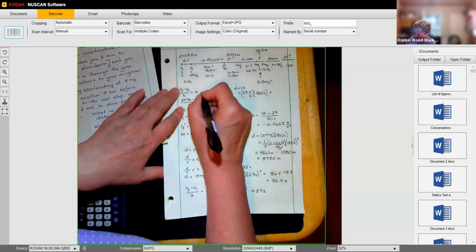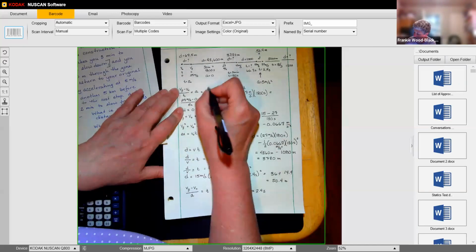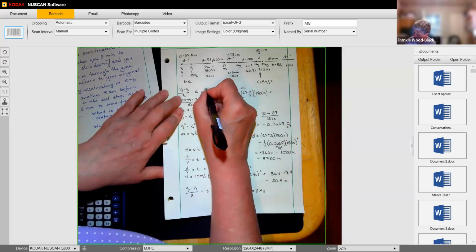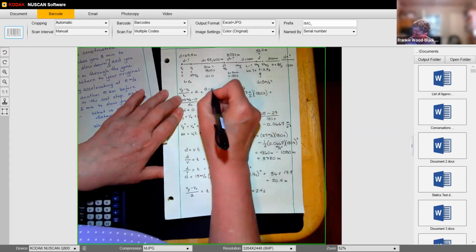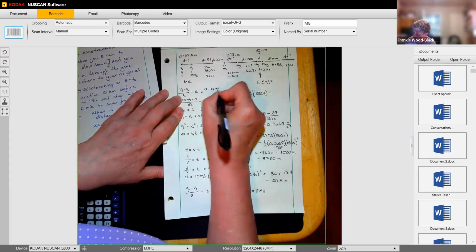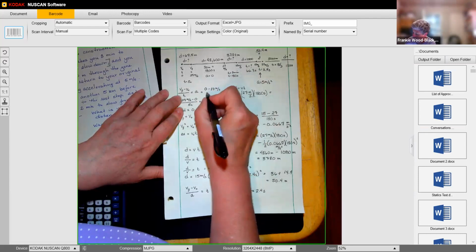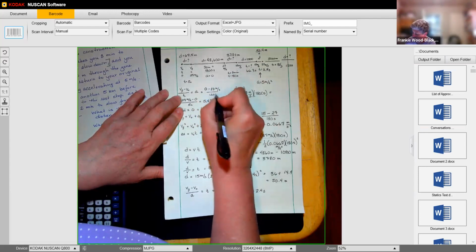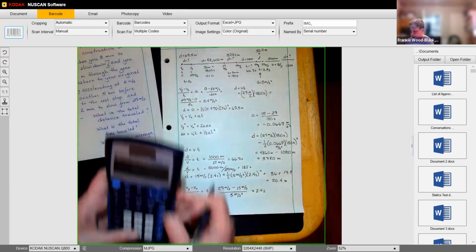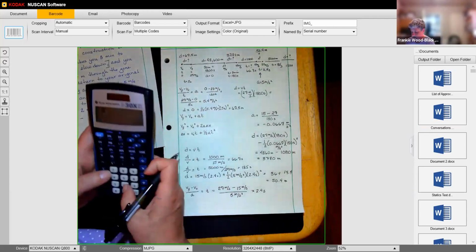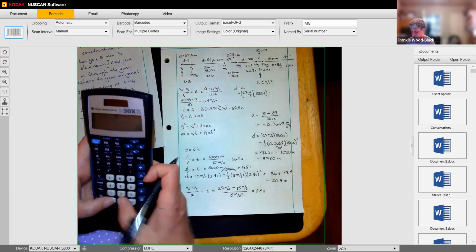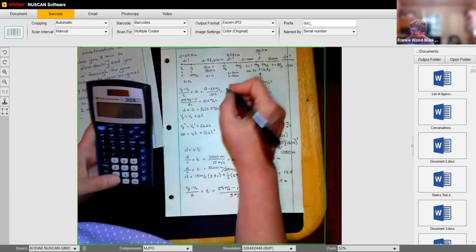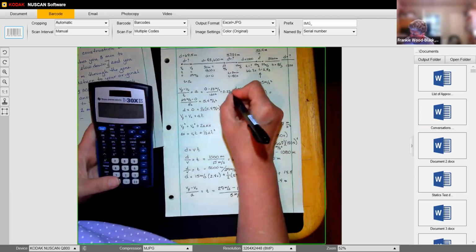So I can put this one in here. And this time it's going to be a deceleration again. So we get 0 minus 27 meters per second divided by 120 seconds gives us an acceleration. Gives me 0.225.